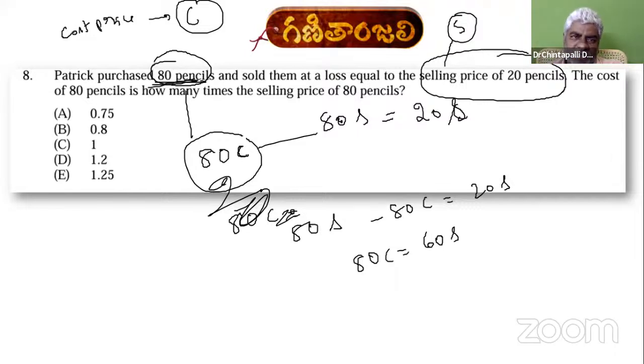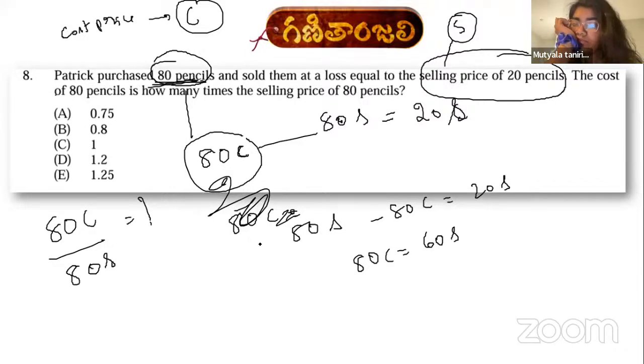Now the cost price of 80 pencils is how many times the selling price of 80 pencils? What is asked in this question? The cost price of 80 pencils, 80C, by the selling price of 80 pencils, 80S. 80C by 80S is asked.